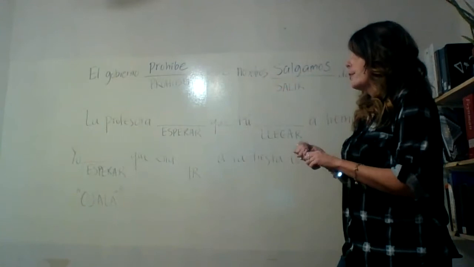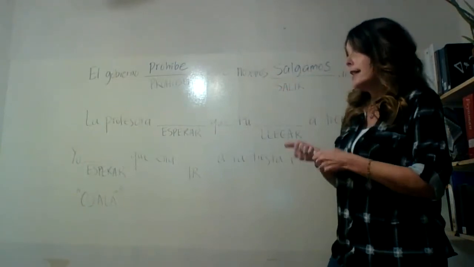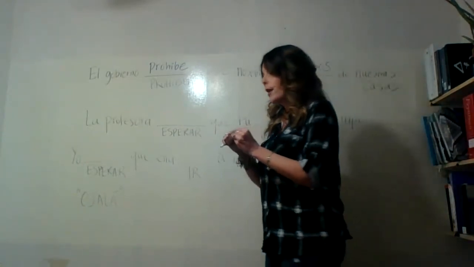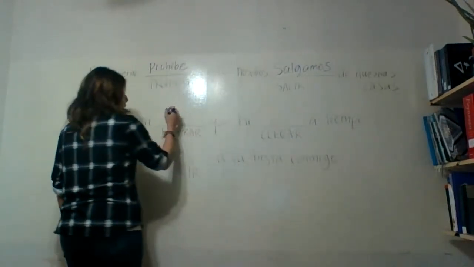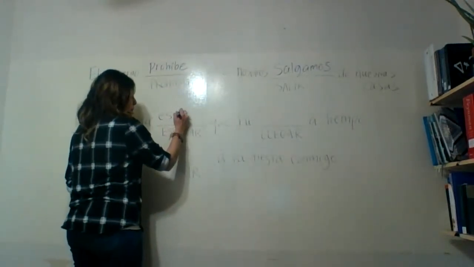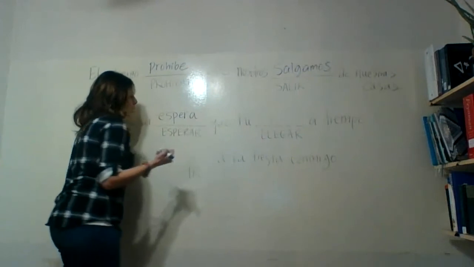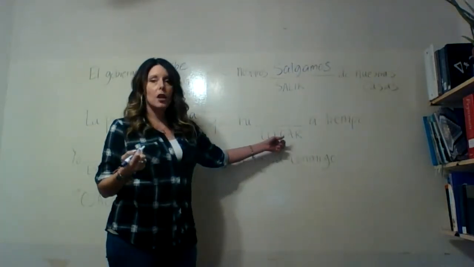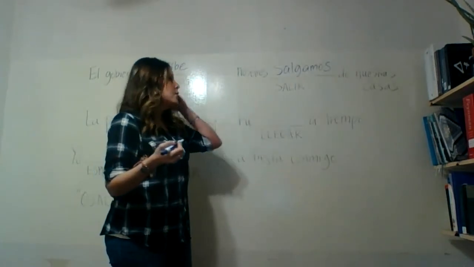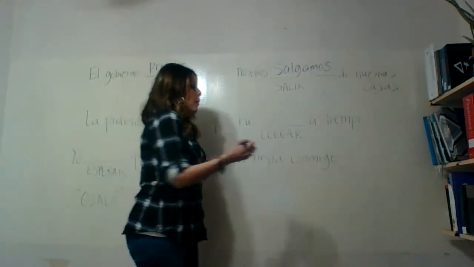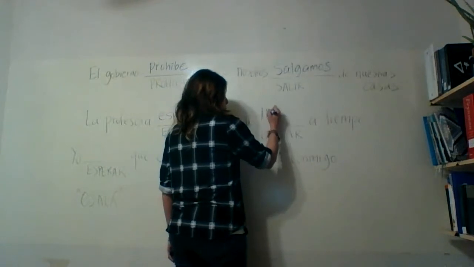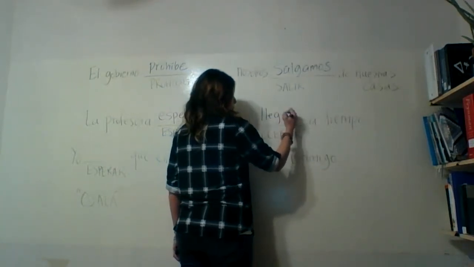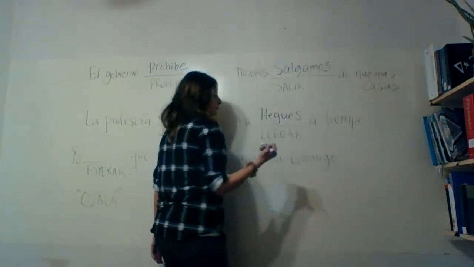So now we'll fill in the blanks. Esperar in the present tense, conjugated based off of la profesora, will be espera. La profesora espera que tú, and then we need to put this in the subjunctive. Hopefully you're paying attention to the other videos with the gar verbs. We would fill in the blank with llegues.